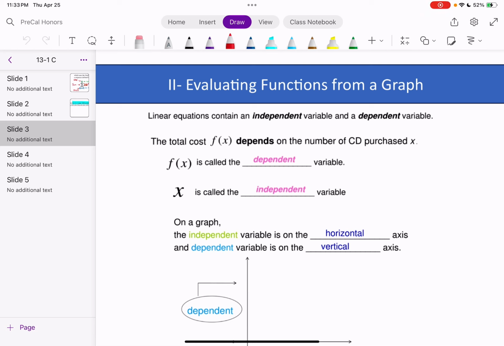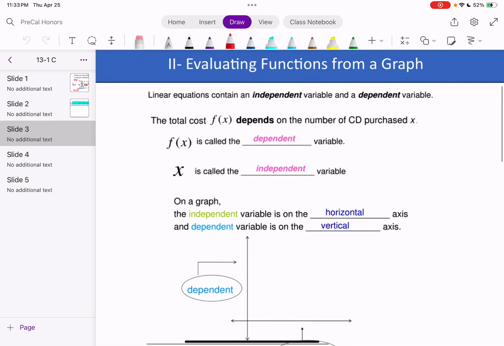That means that as the x, which is independent, changes, so would our f of x. This is the reason why f of x is considered to be dependent and the x to be independent, because as the independent x is there and you have a number for that, it will just stand alone. Your f of x would vary depending on the number of CDs purchased.